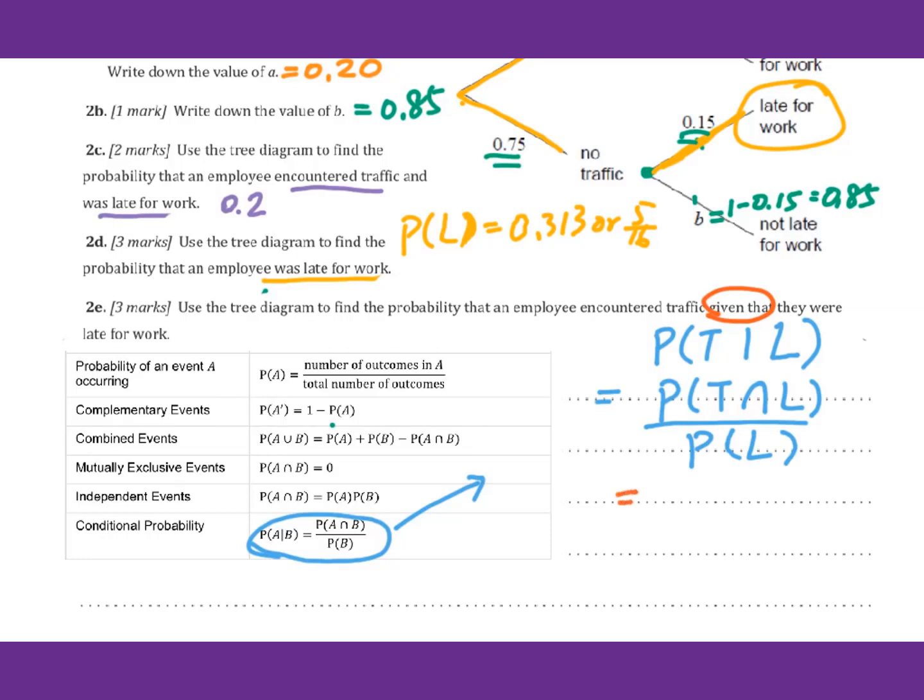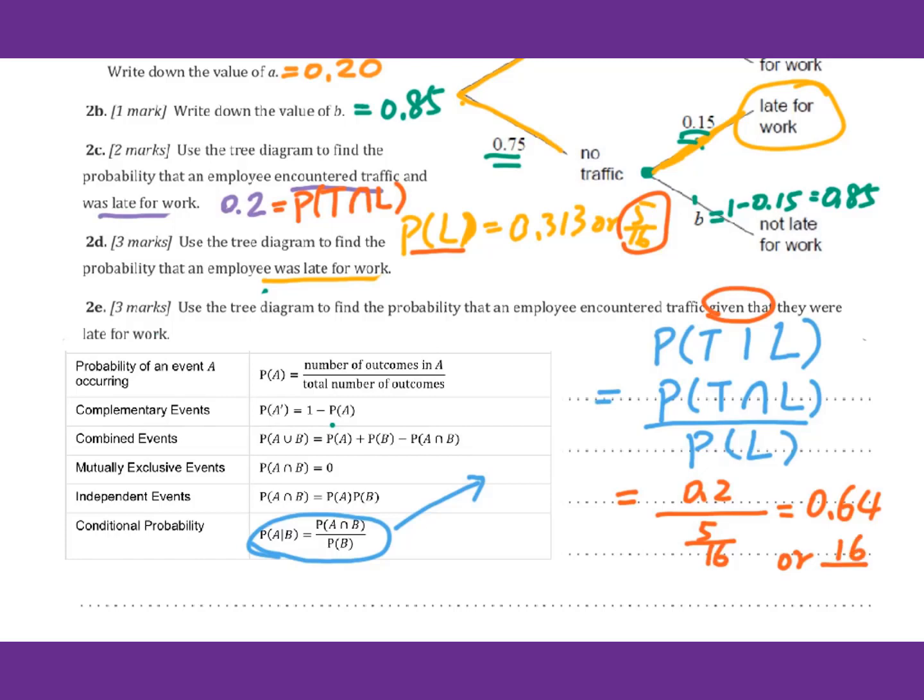We already got probability of traffic and late. That equals 0.2. Probability of late, that's 5/16. So you will get 0.64, or you can write down the fraction. That is 16/25.